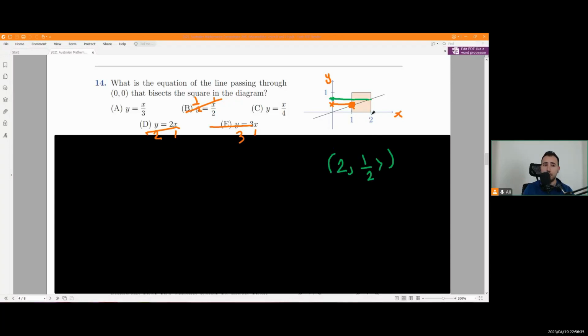So if x is 2, let's give it to this equation. The value of y would be 2 over 4, which is going to be 1 over 2. But we said it's going to be more. So this one is also out. Let's check this one. If x is 2 for this equation, y would be 2 over 3. That's the only option that will give something more than 1 over 2. So we'll go with A.